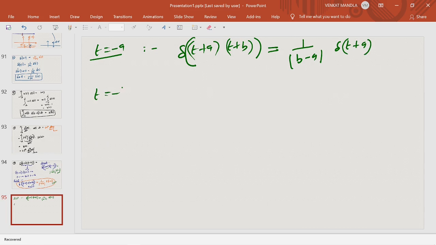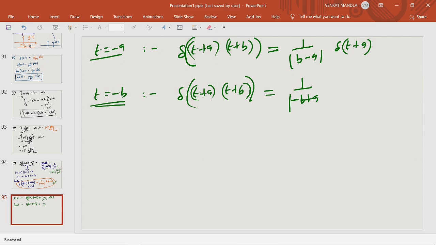And at t equal to minus b, substituting t equal to minus b, it equals 1/|−b+a| times δ(t+b). So only at t equal to minus a and t equal to minus b does the signal exist. In all other cases it is 0.